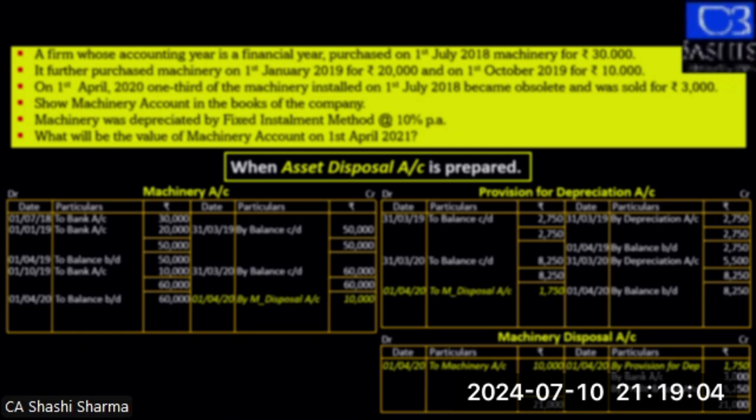After deducting 900 from 9,000, the amount will come out to be 8,100. And in the third year, depreciation will be calculated on 8,100 at the rate of 10%, which will be 810. Only the amounts will become different, but the accounting will be exactly the same as demonstrated in these three methods.